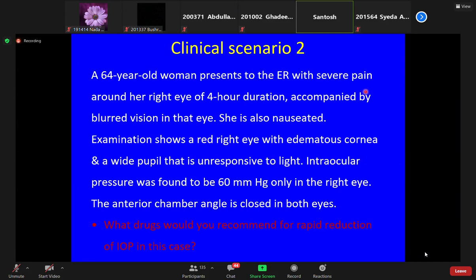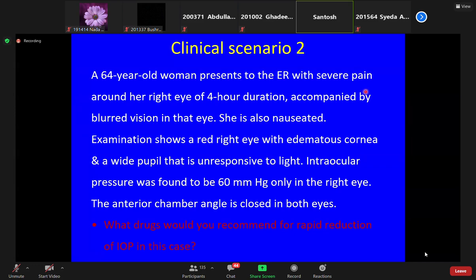At the same time, you can start topical drops of, for example, timolol, a beta blocker, and an alpha 2 agonist like apraclonidine. Once the pressure is below 40, then you can add pilocarpine. Before that, pilocarpine probably won't work because the iris is stuck on the pupil, and pilocarpine is not able to do any meiosis.